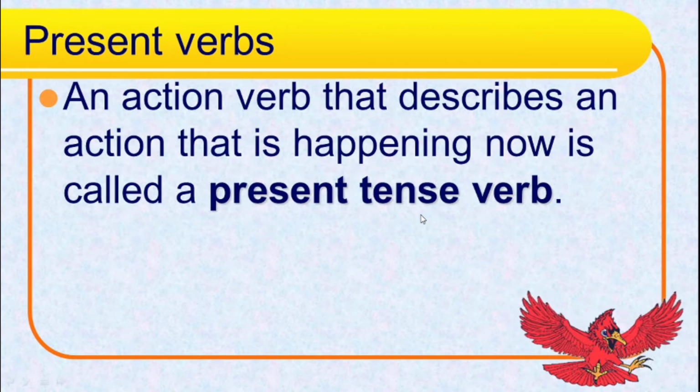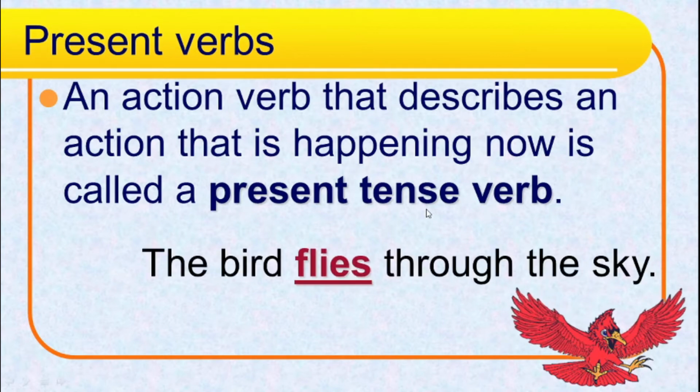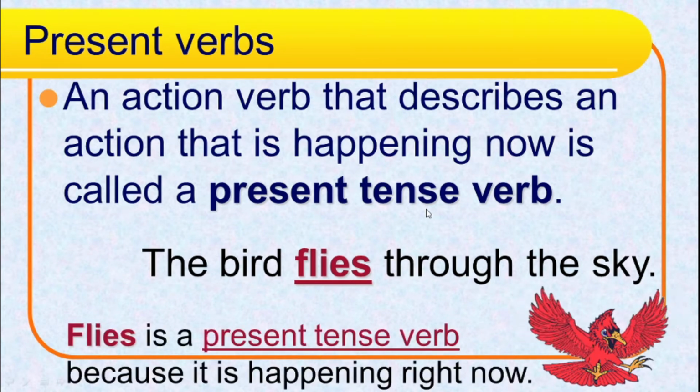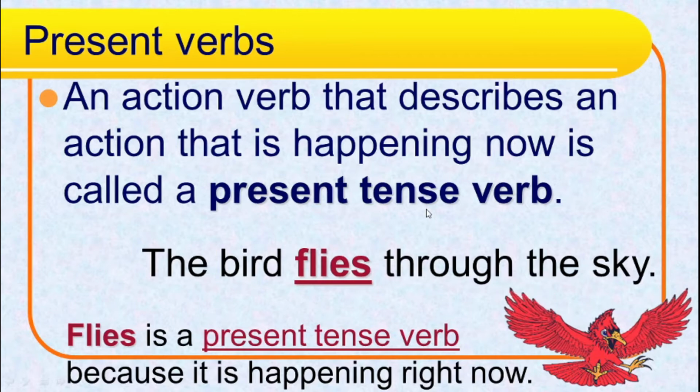Present verbs. An action verb that describes an action that is happening now is called a present tense verb. Example: the bird flies through the sky. The word flies is a present tense verb because it is happening right now.